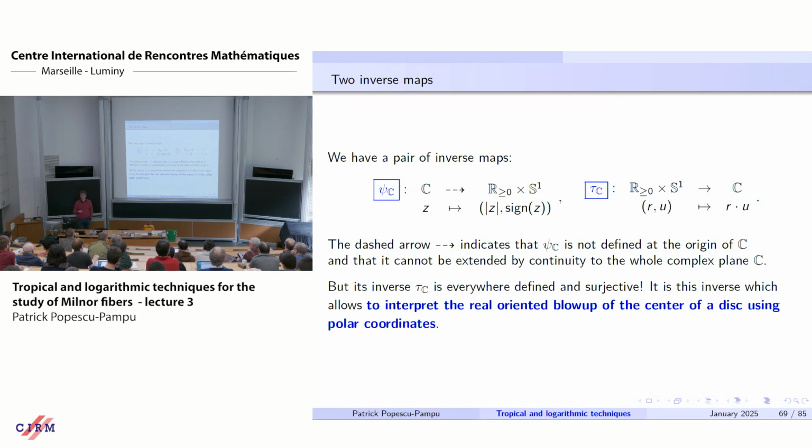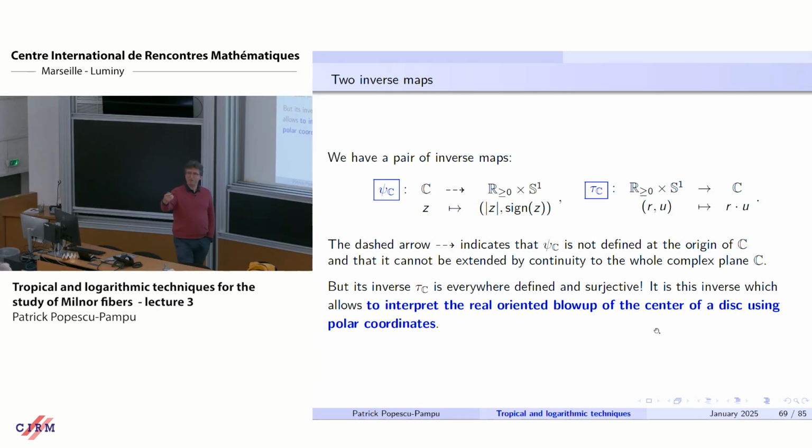That is always defined. And if you look at that map topologically, you see that this is a half line cross a circle, so it is an annulus with one boundary component, which is a circle. And that circle is sent by this map to the origin of C. So you get an algebraic model of the real-oriented blow-up.